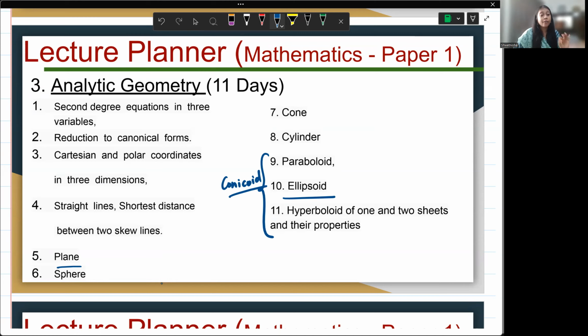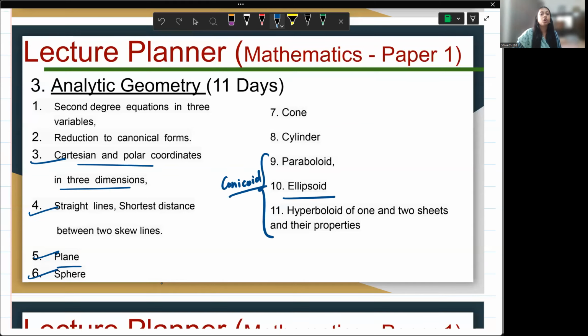And this is, after linear algebra, I would say the easiest subject, right? So it starts from second degree equation in 3 variables, reduction to canonical form, Cartesian and polar coordinates in 3 dimensions. The third point we will discuss in calculus and real analysis as well. Then the analytic geometry starts with straight lines, plane, sphere, cone, cylinder, and the conicoid section.